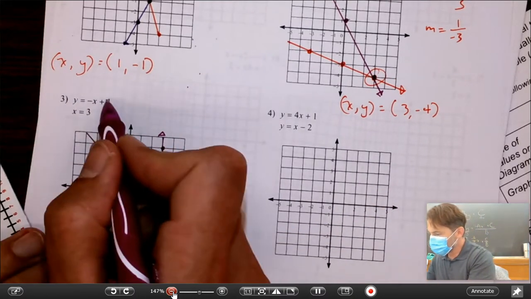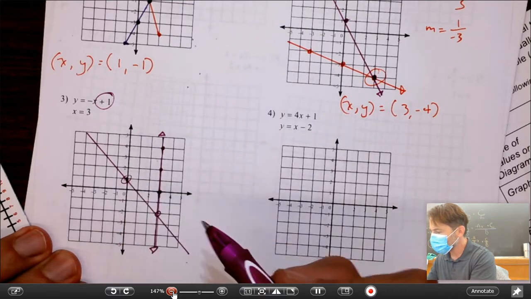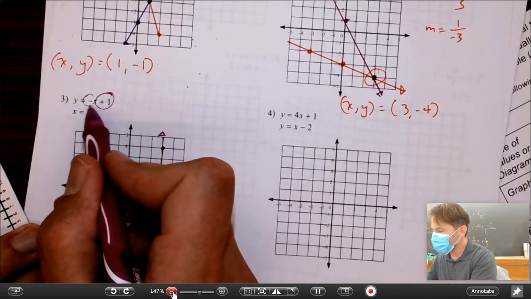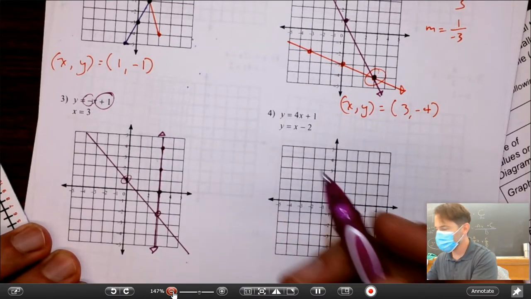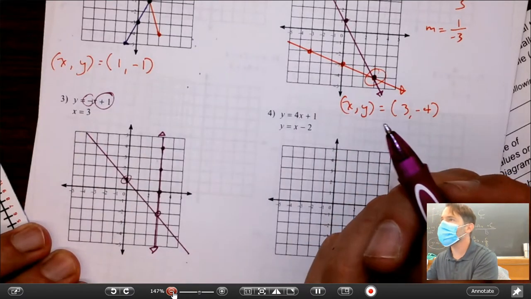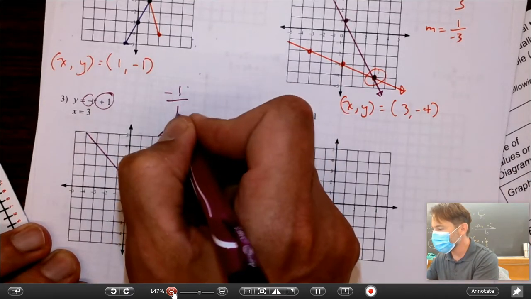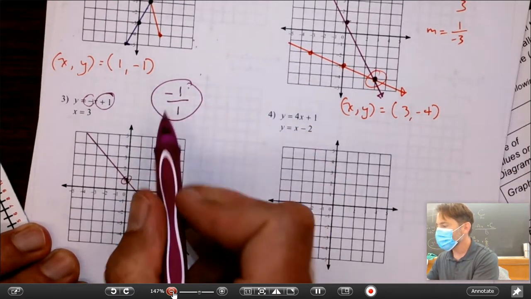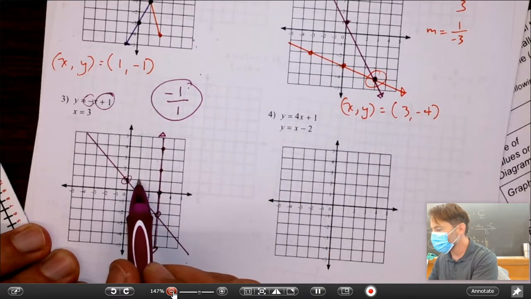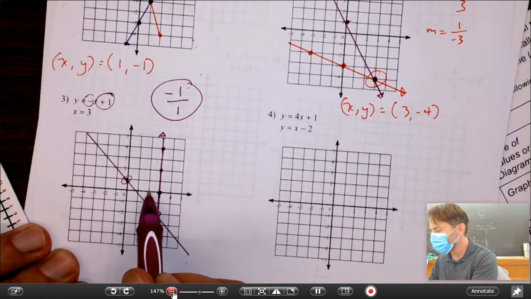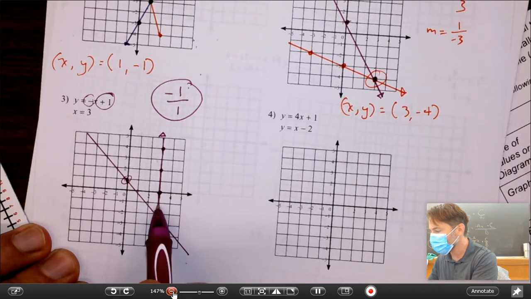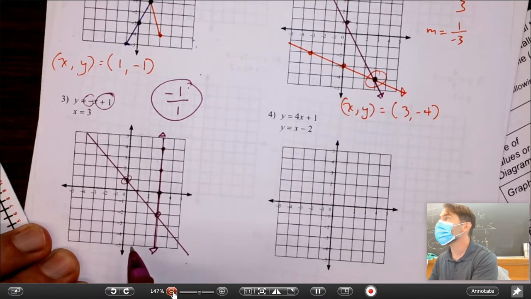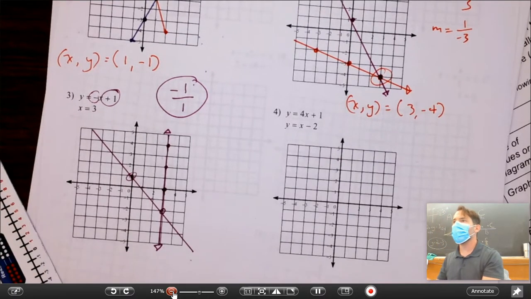I look at my b first, I graphed it, and then I look at my m. My m is -1. -x, that's -1. So -1 could be written as -1 over 1. So I run 1 and I rise -1, that point. I run 1 and rise -1, that point. Run 1 and rise -1, that point. So that is how I solve these things graphically.